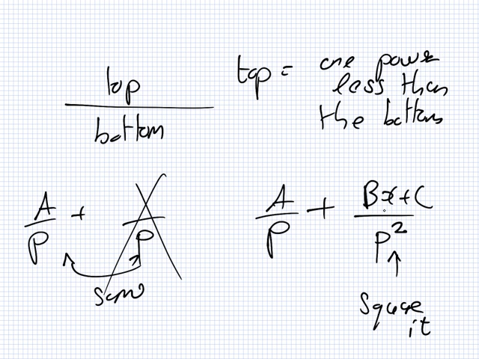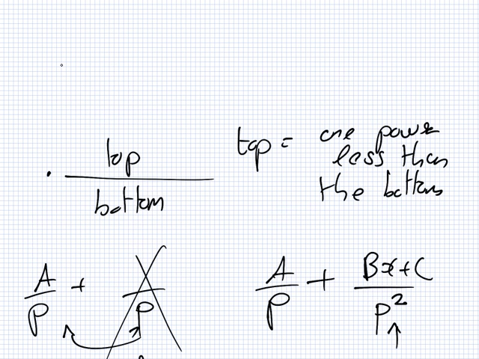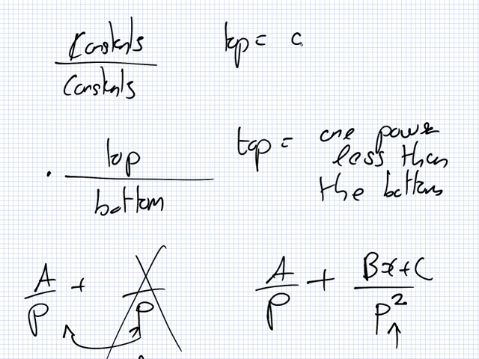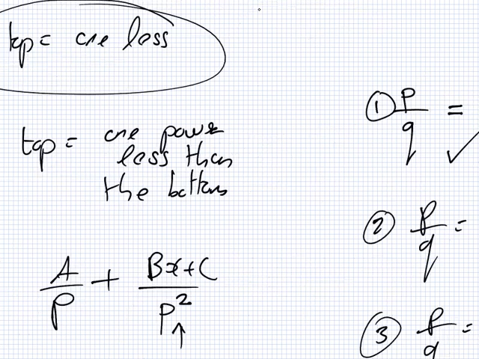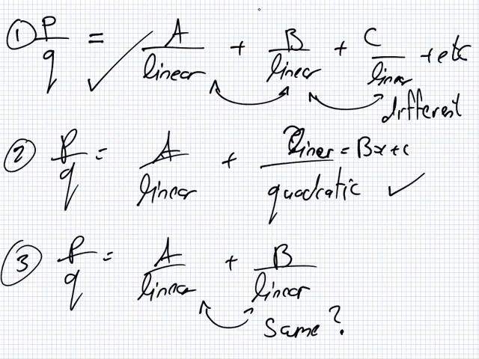However, there is a third guideline here which is quite useful. Here I gave you the rule that the top should be 1 power less than the bottom. But there's another rule here that says you have constants on the top and constants on the bottom. And again, the top should be 1 less. So what do I mean by that? Let me show you over here with an example.